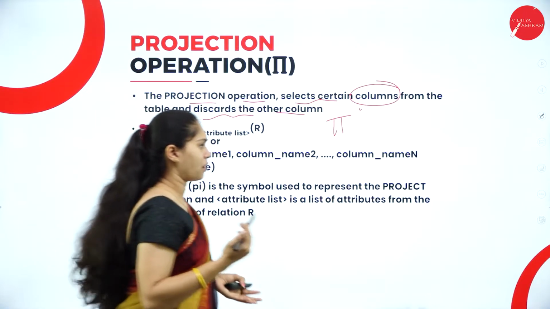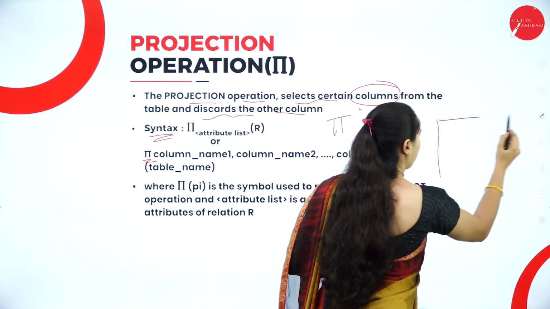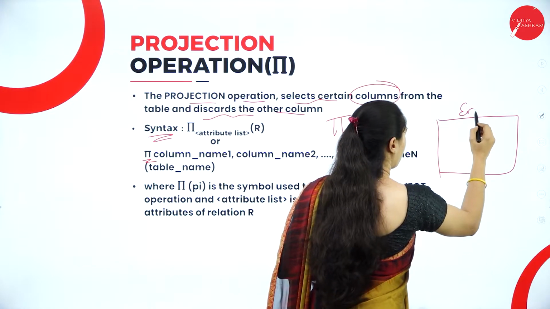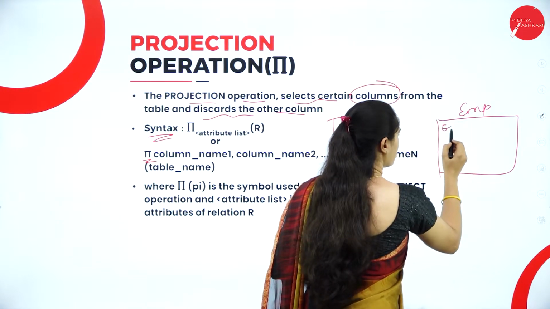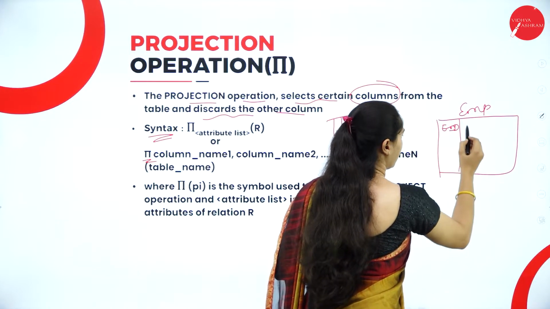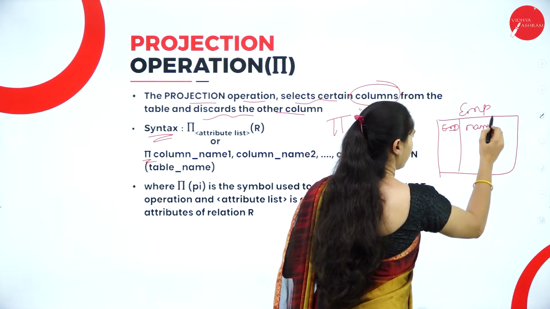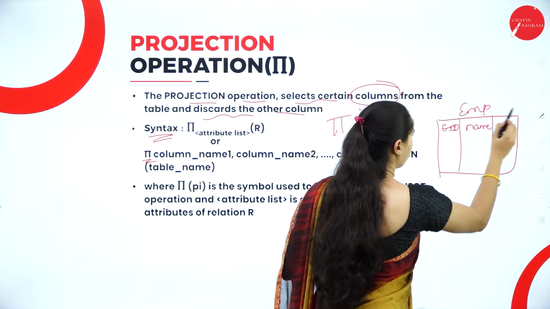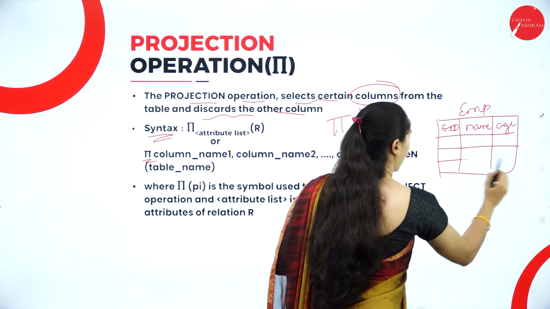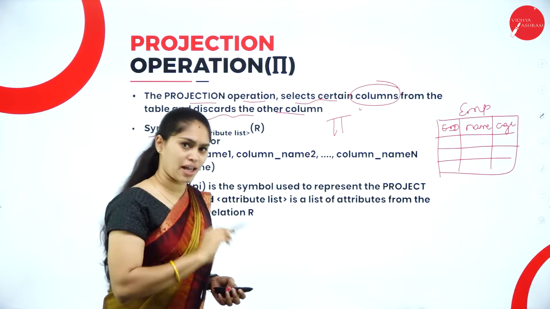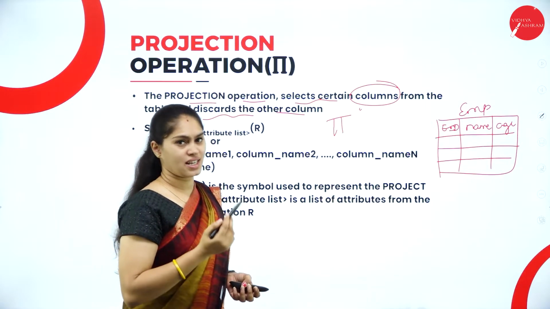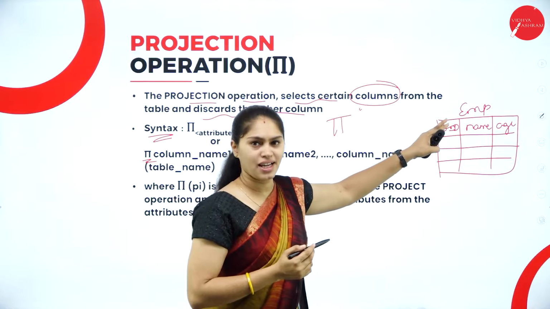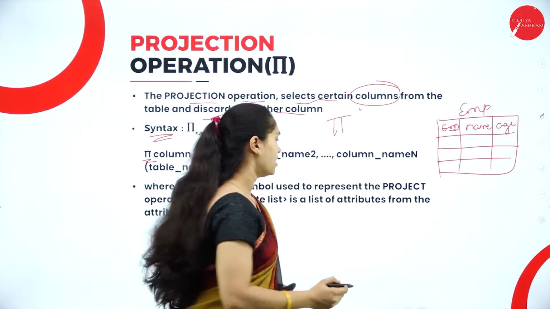So imagine I have an employee table here, and it consists of employee ID and name, and also age. Now I just wanted to fetch employee ID as well as the name from a relation called EMP. How am I supposed to write that? We'll see.